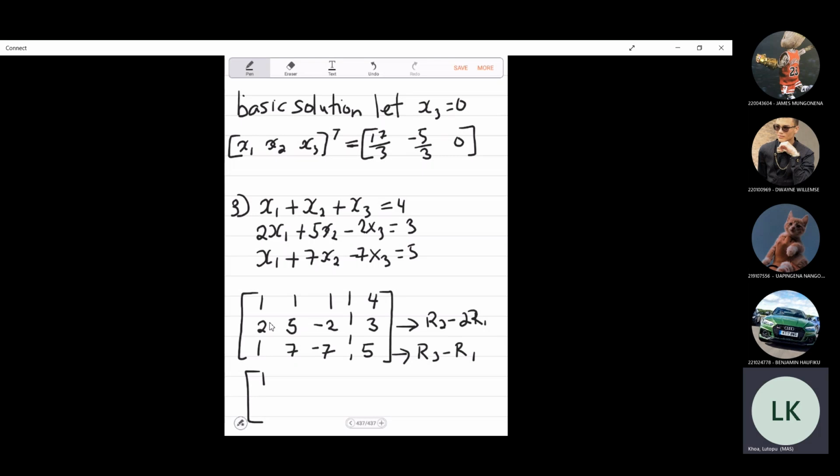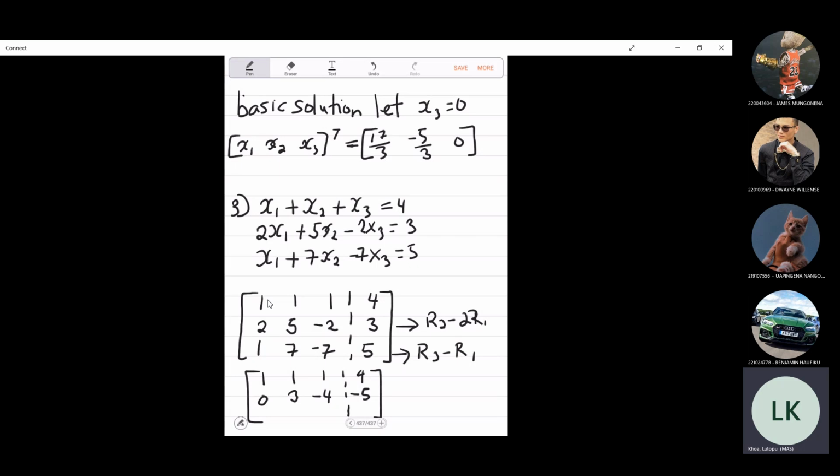So the first one does not change. We get a 4 there. Then 2 minus 2 is 0. 5 minus 2 is 3. Minus 2 minus 2 is minus 4. And then 3 minus 8 is minus 5.